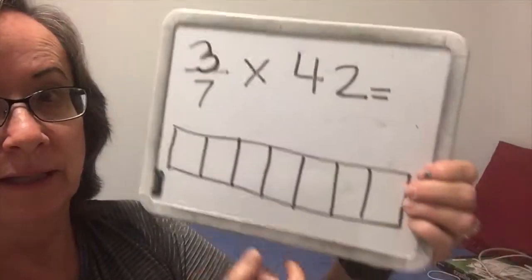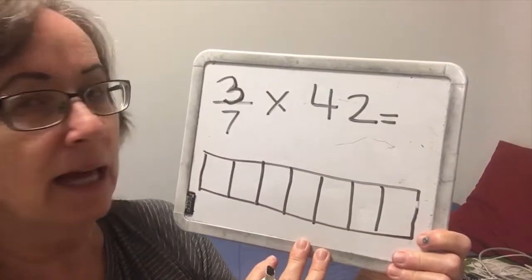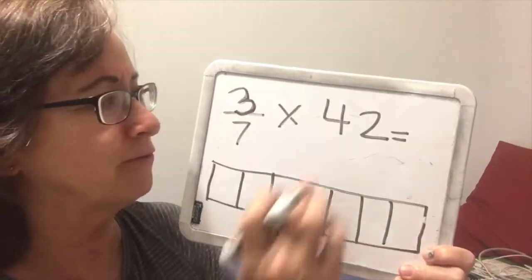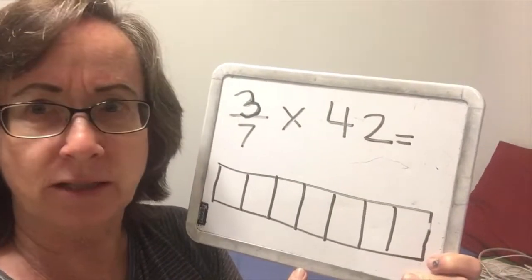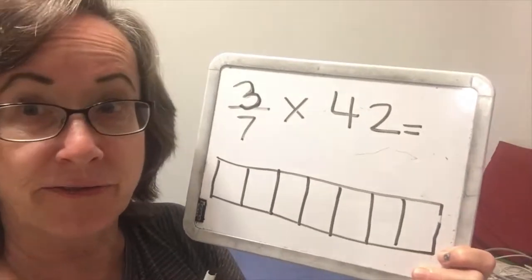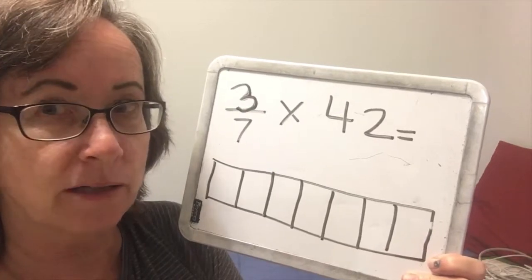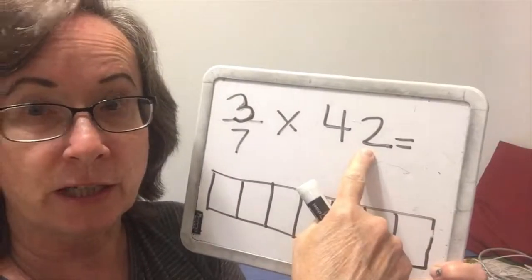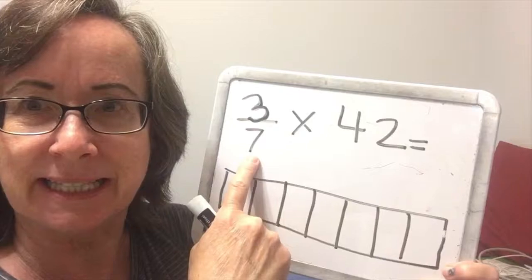So now, let's look at this one. And we're going to think about it several different ways. But look at that number. Look what a big number 42 times 3 is going to become if we just do this with multiplication. But if we think back to the problem of 15, we divided the 15 into 5 equal parts because we were trying to take fifths. Well, now 42 into 7 equal parts, each part would be 6, wouldn't it?